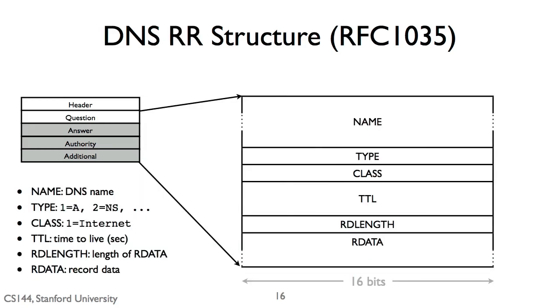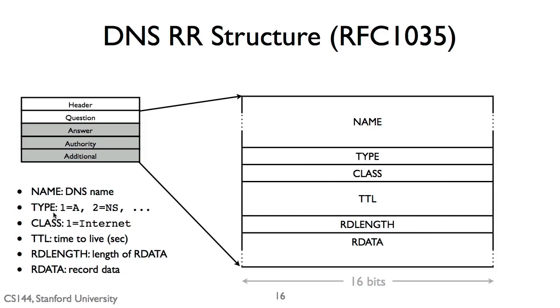Now within each of the 4 sections that have resource records, a resource record is pretty simple. It has a name that could be a variable number of bytes long, depending on how long it is. Then there's a type, class, and the TTL, with then an RD length field specifying the R data.